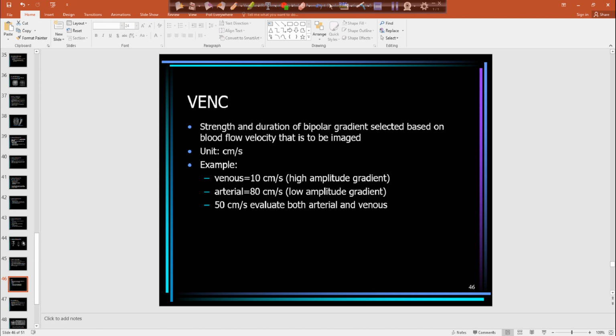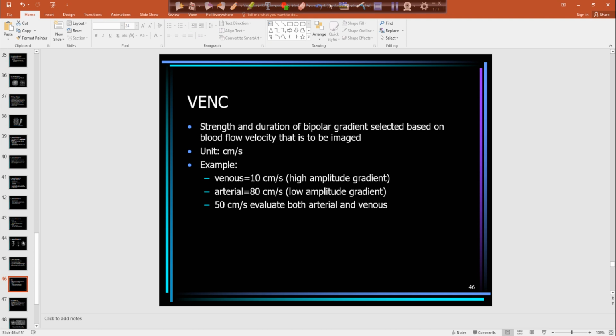And we can set our VENC to visualize venous blood flow or arterial blood flow. Our VENC, you can see, has gone up because arterial blood flow is flowing at a faster rate. So it produces phase shifts within that arterial blood flow at 80 centimeters per second. And then everything else gets saturated out because it's not at that particular velocity.